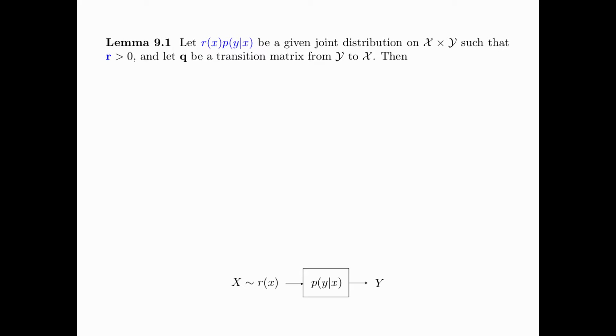Let Q be a transition matrix from alphabet Y to alphabet X, that is, a transition matrix in the reverse direction.